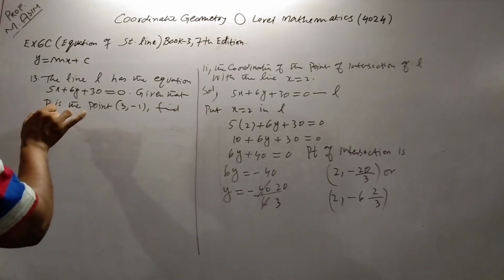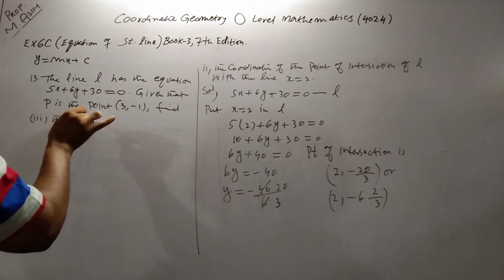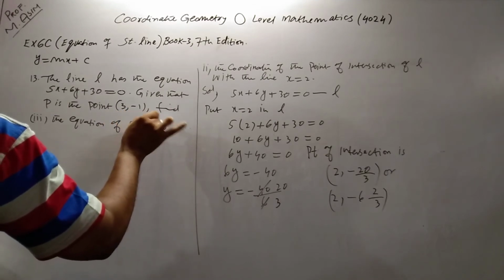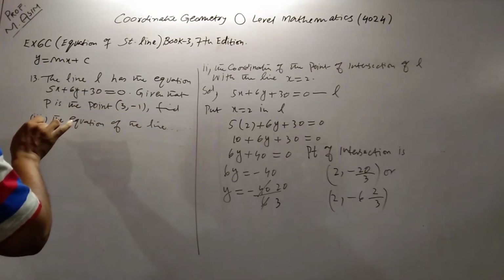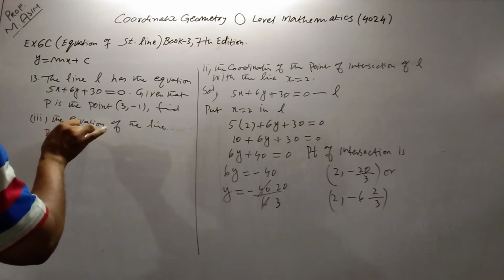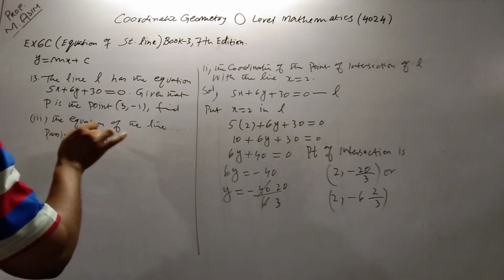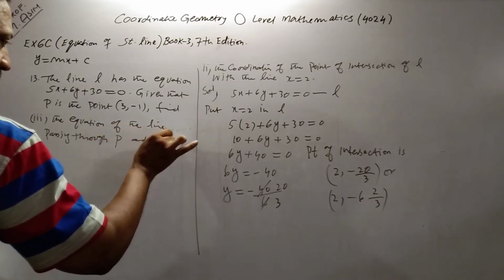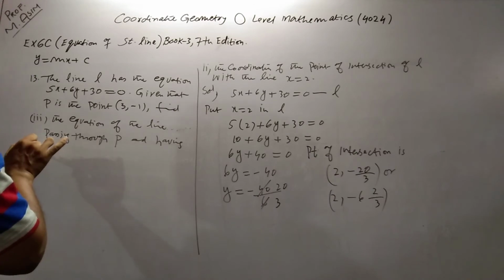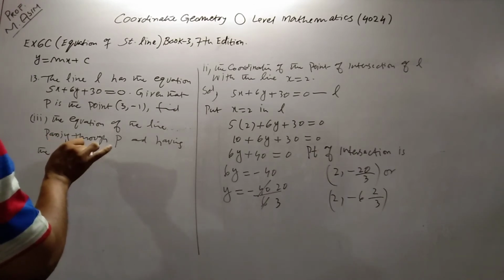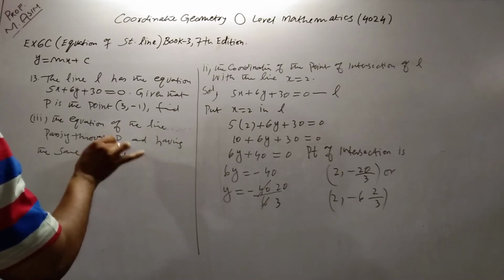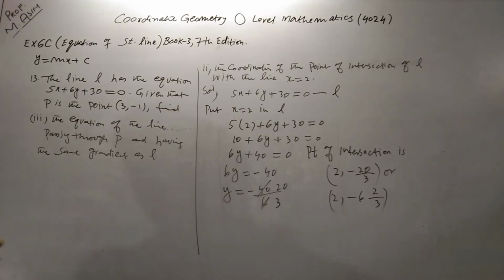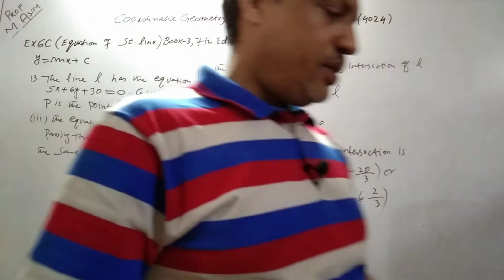The equation of the line passing through P and having the same gradient as L. Very easy, too easy.